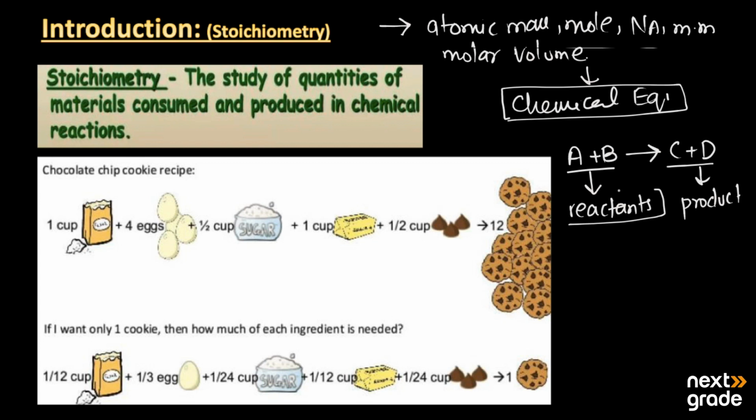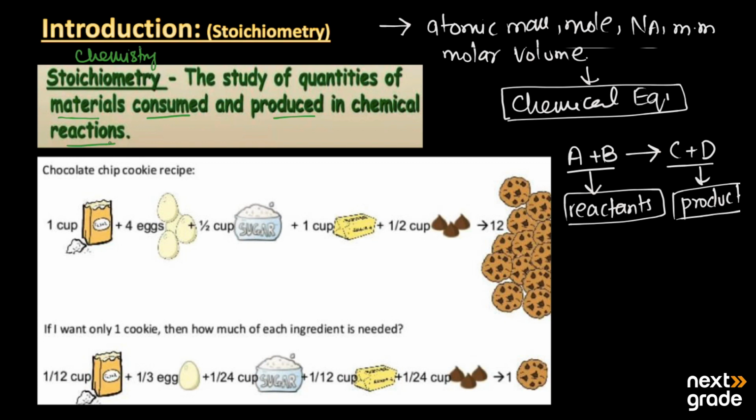So how do reactants and products relate to stoichiometry? Basically, stoichiometry is the branch of chemistry in which we deal with the quantities of materials that are consumed and produced in a chemical reaction.